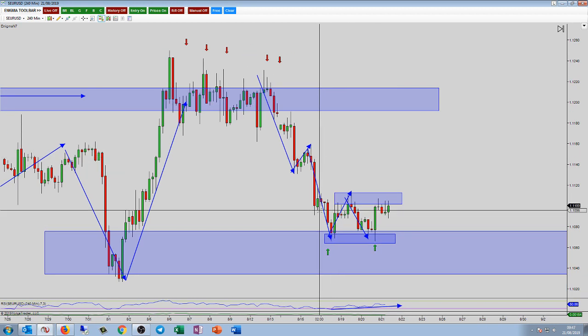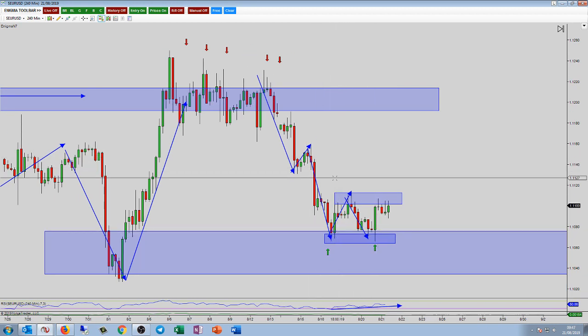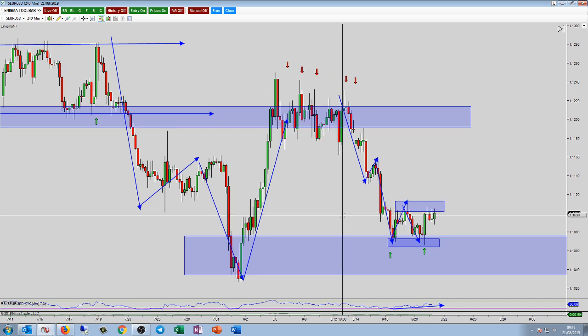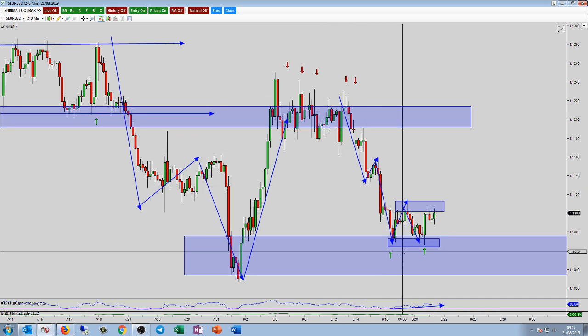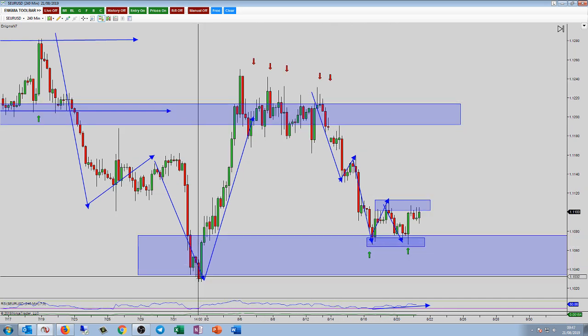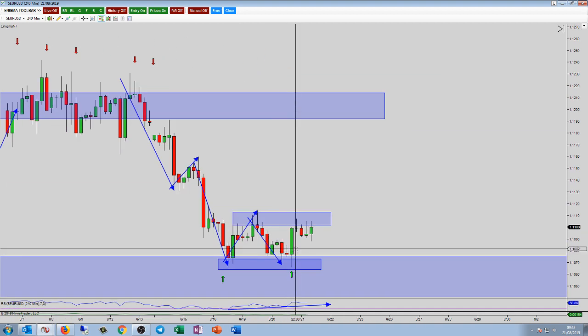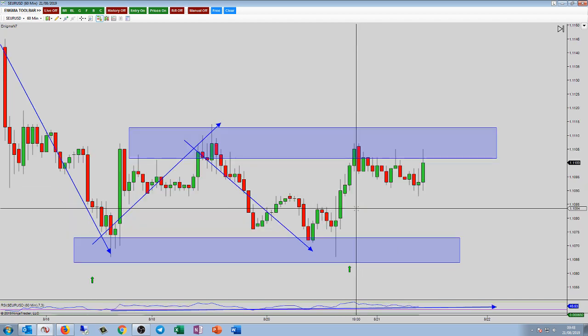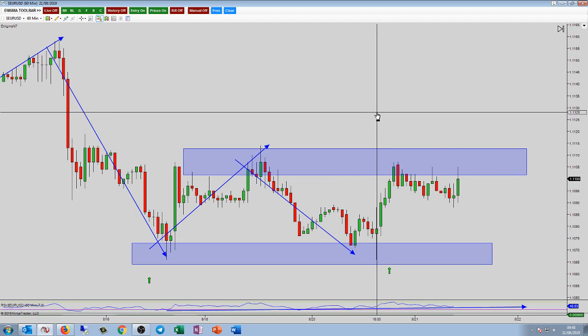Would this be a low and tight flag then instead of a double bottom? Yes, it very well could be. We are trending to the downside here on the 240. There is room for this to come lower. Let's go and take a look at it on the 60. So here on the 60, there wouldn't be anything here for me.